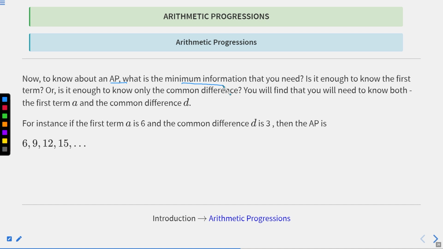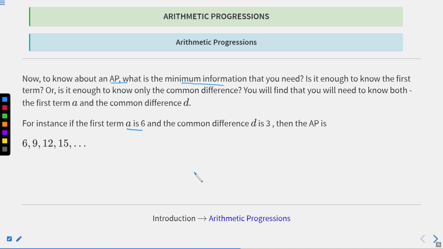For instance, if the first term of an AP is 6 and the common difference D is 3, what will be the list of terms of the AP?